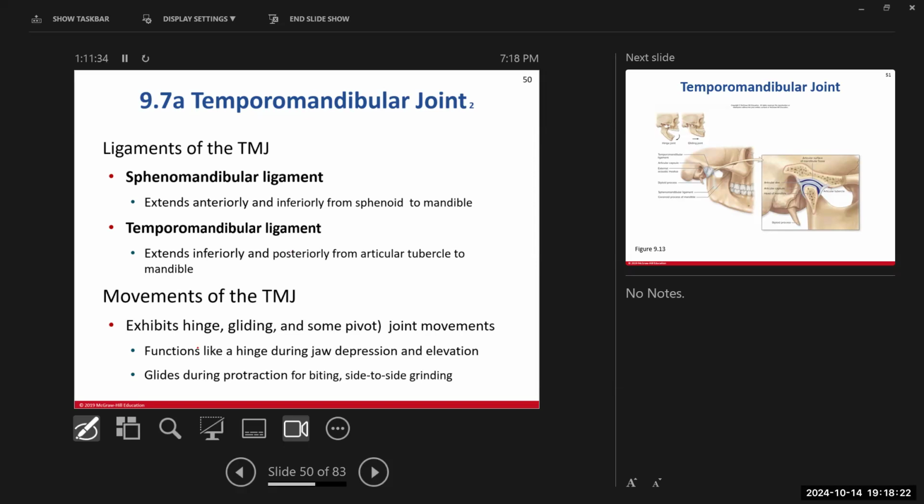Primarily, the main movement of our temporomandibular joint is that hinge motion. Your mouth is opening and closing, but you've probably noticed that you can slide your jaw from side to side. That's important for chewing food, especially when you're using your molars to grind food. I'm sure some of you have seen cows. You ever seen a cow chew its cud?